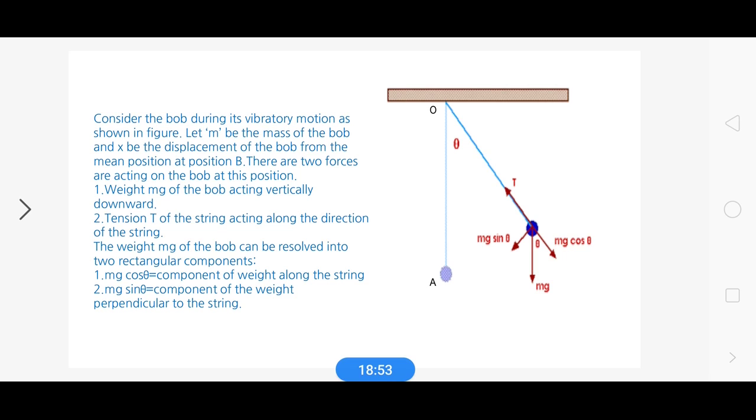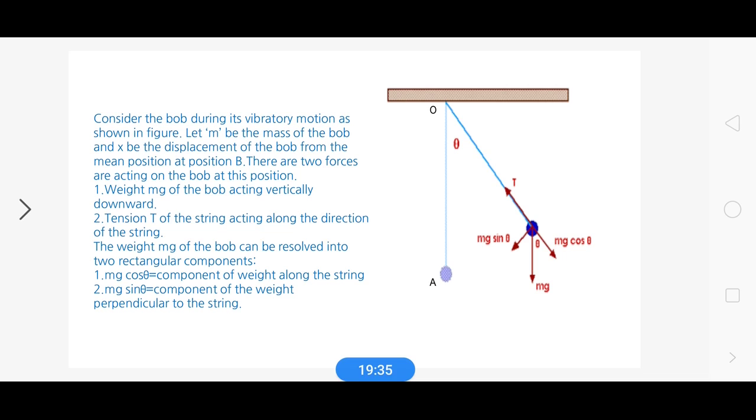The component mg cos theta is along the string, whereas the component mg sin theta is perpendicular to the string.